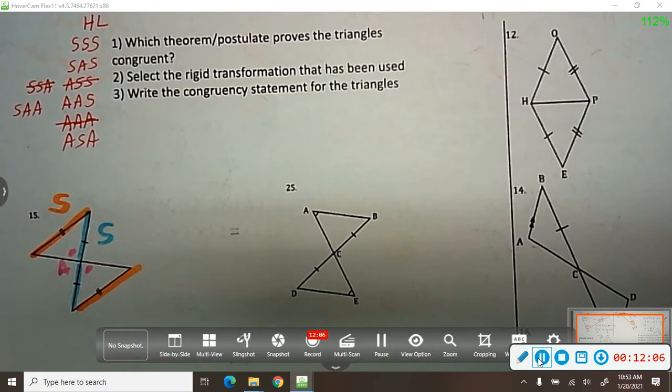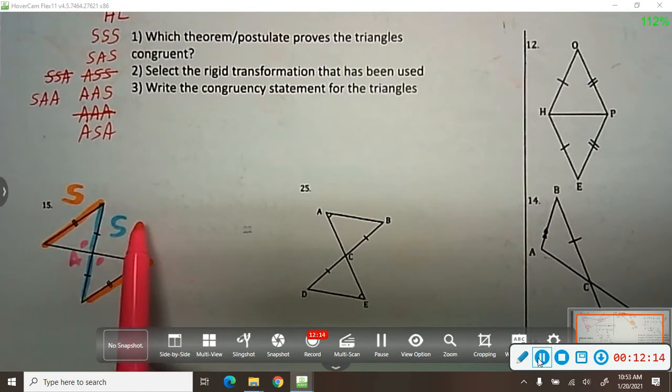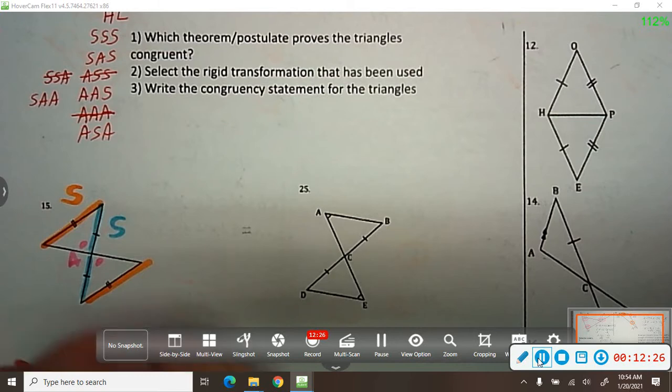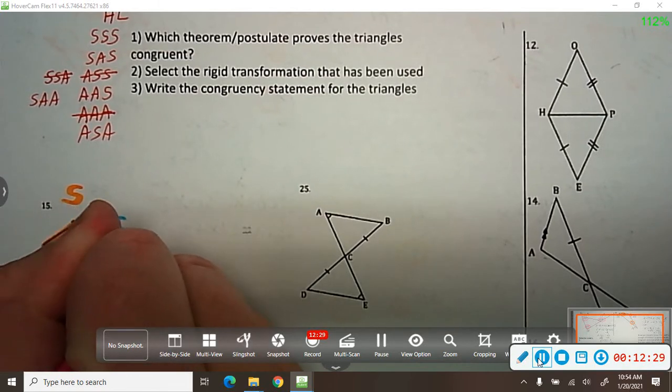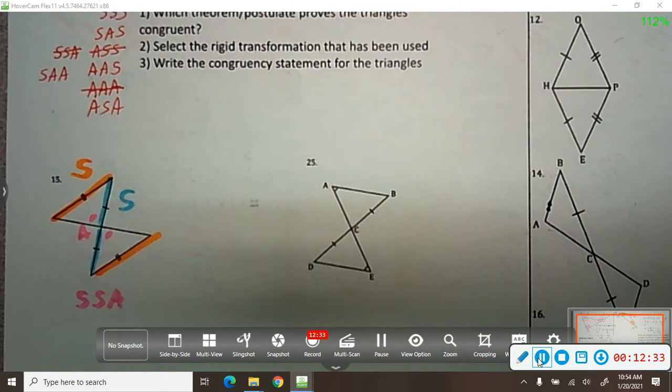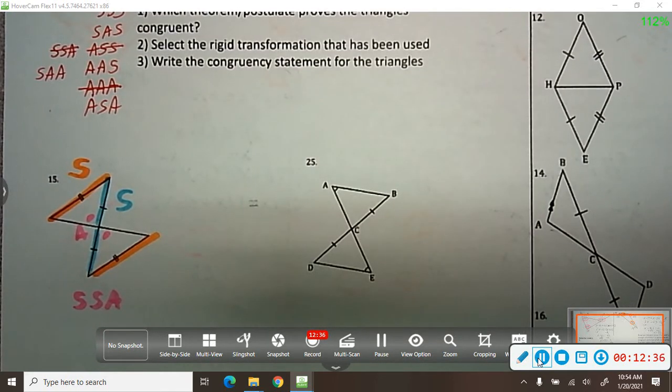Now, when you're naming these, obviously it's going to have two S's and an A, but the order matters. You're not going to call this SAS. You don't take the long way. You always take the short way. So when I'm looking at this, this would be SSA. Which actually SSA, if you look up here, does not prove congruency.